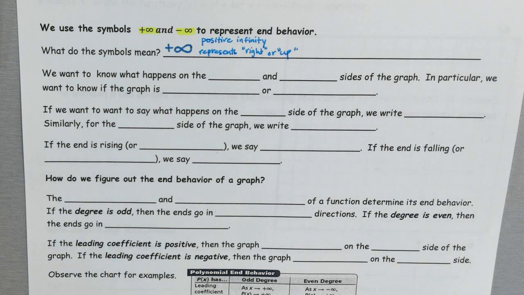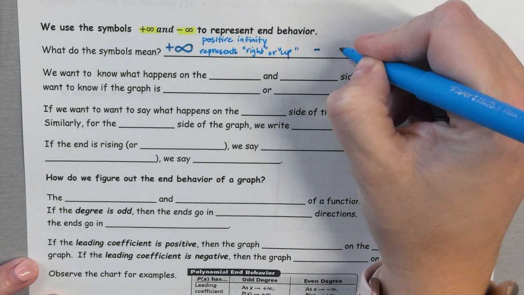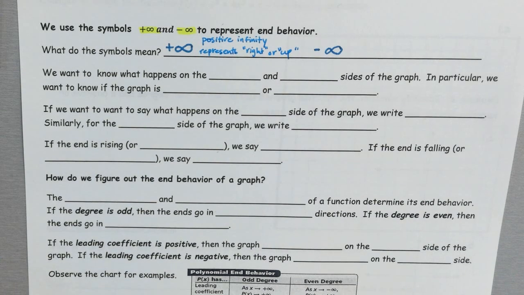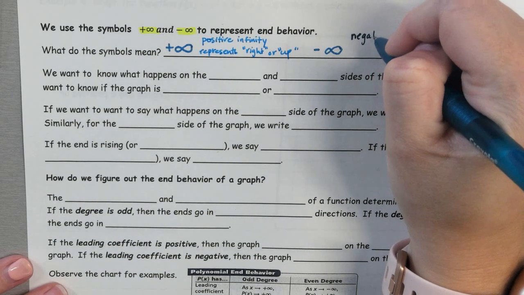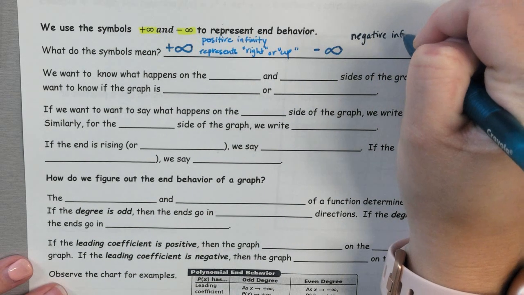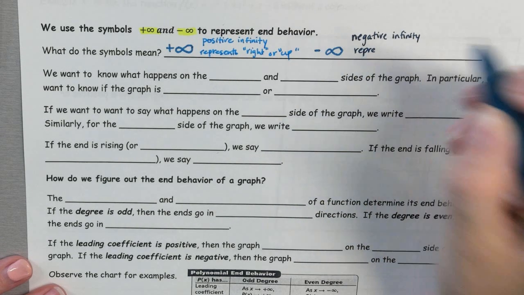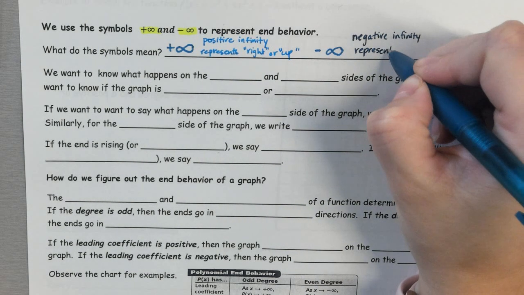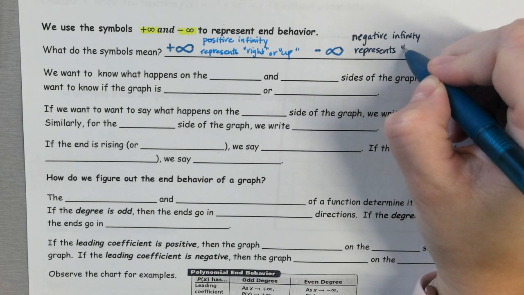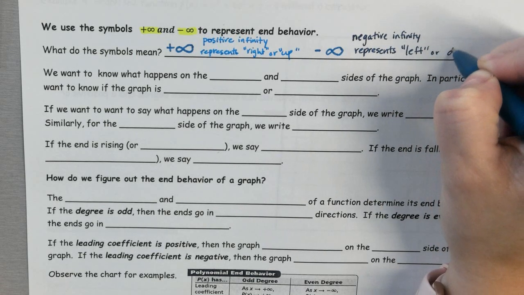And then we have a negative infinity. Negative infinity represents left or down.